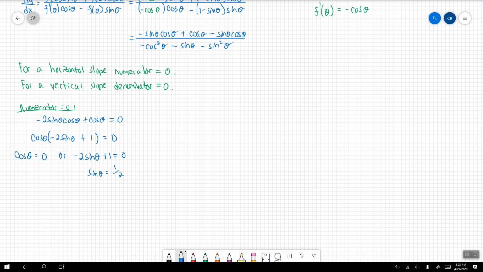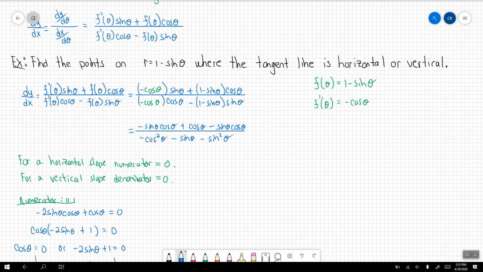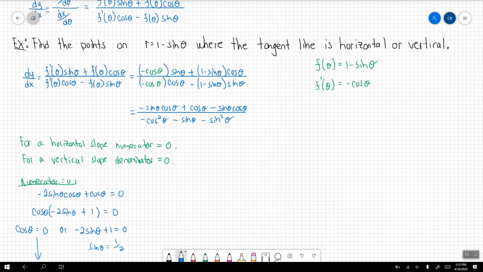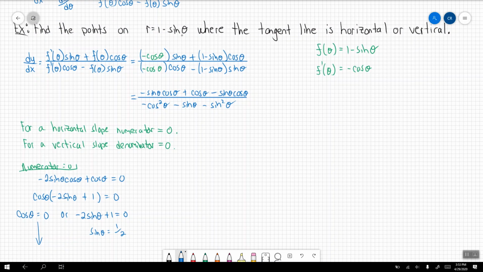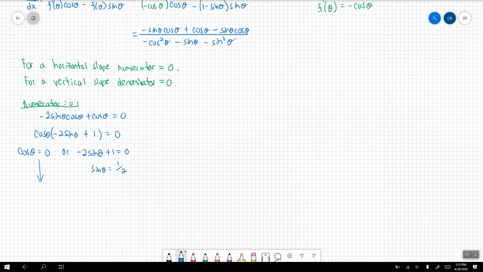So now I need to look for the angles where this happens. So for some of the first angles, and again, I'm looking for r is equal to 1 plus sine of theta. Since the period did not change here, I'm looking for all of my answers to be on the interval from 0 to 2 pi. So let's start finding those answers.